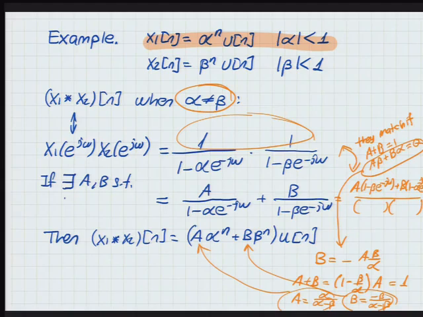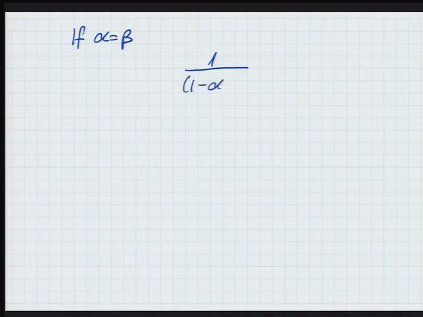We use the derivative property, right? Which we already discussed earlier in this lecture. If alpha and beta are the same, we are looking at a Fourier transform that looks like 1 over (1 minus alpha e to the negative j omega) squared, because alpha and beta are the same, so you take the square, right?